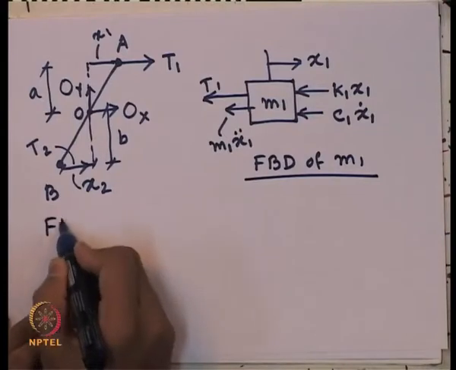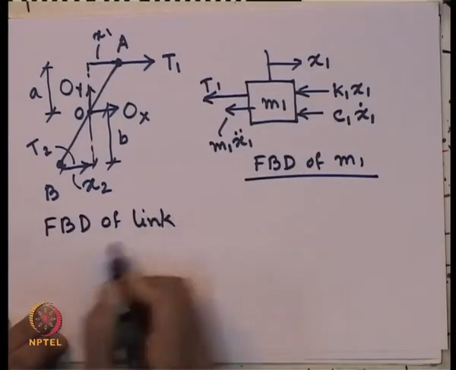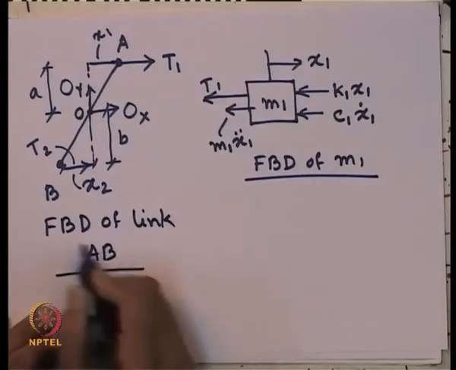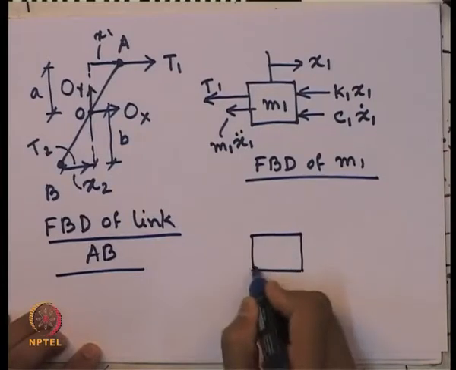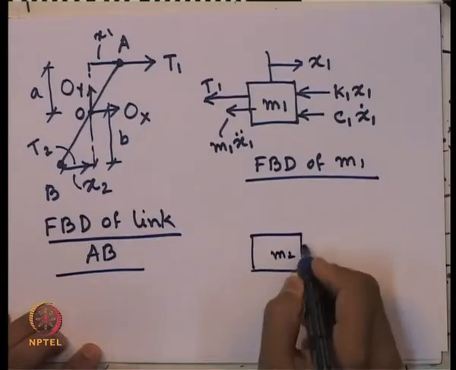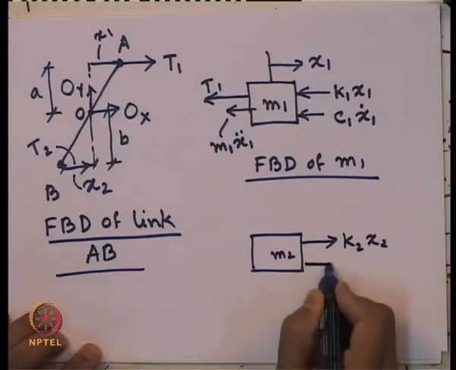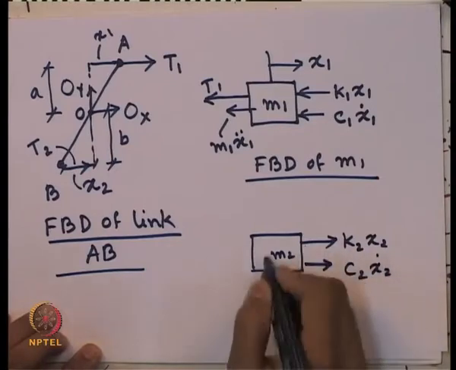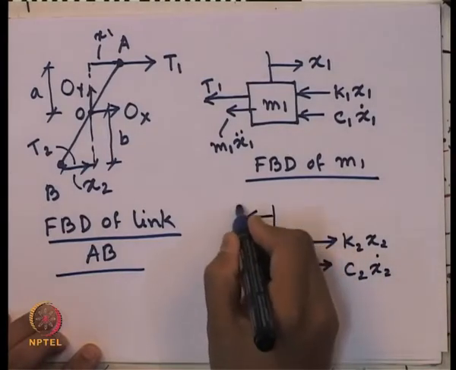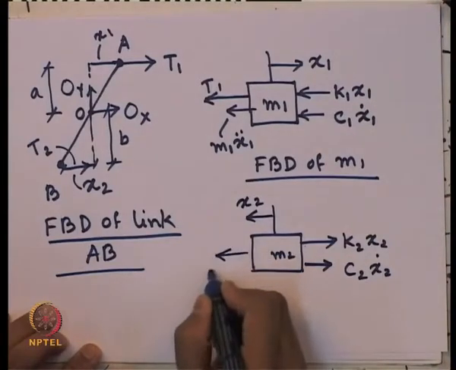This is the free body diagram of link AB, and for mass M2 we will have K2 x2, C2 x2 dot, this is the direction of x2, and this one is T2.